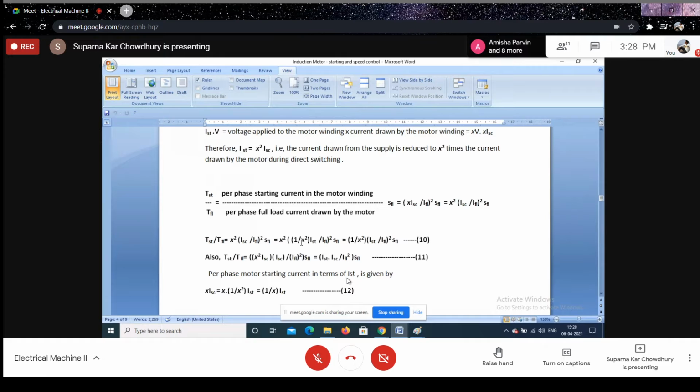this will be 1 by X to the power 4. So the 1 by X square will cancel out. So it becomes 1 by X square I starting by I full load square into full load slip.